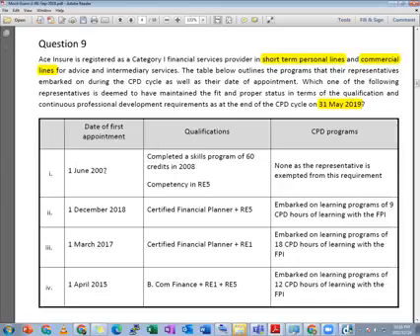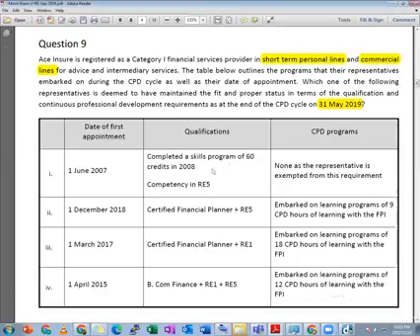Date of first appointment 1st of June 2007 to 2019, that's 12 years in the industry. This guy has 12 years from their date of first appointment.